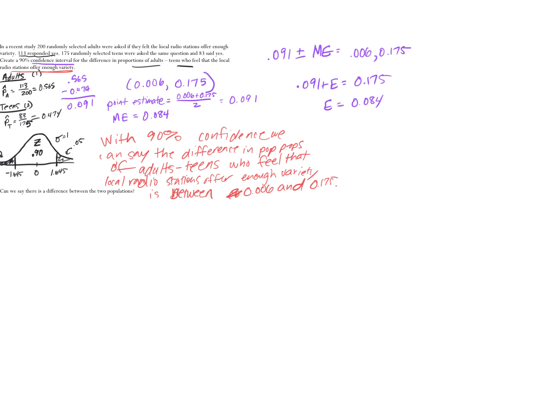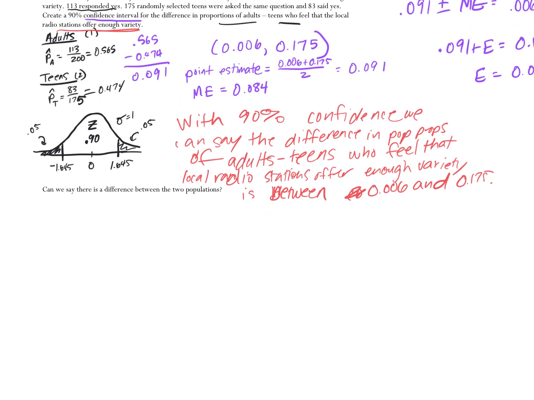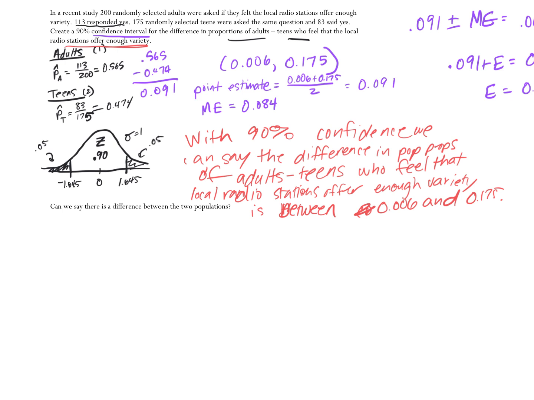Everybody good? All right. Now, based on the interval, can we say for sure there is a difference between the two populations? To think this through, y'all, what would no difference mean?